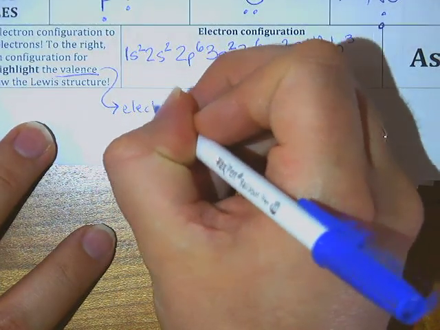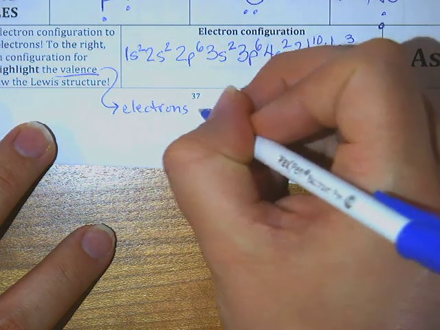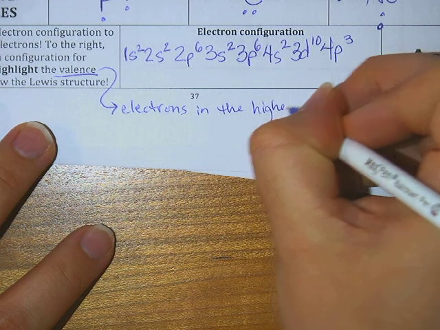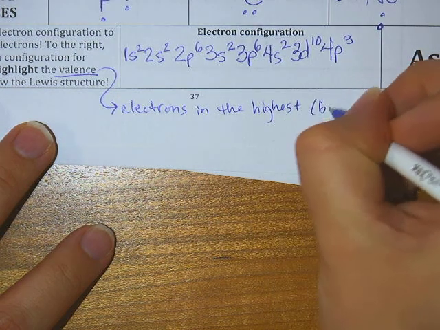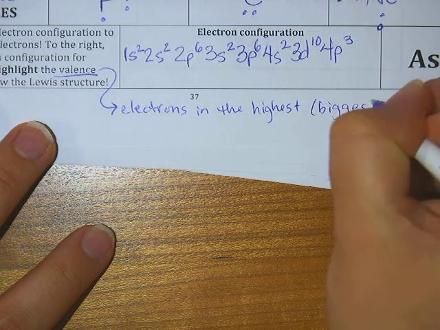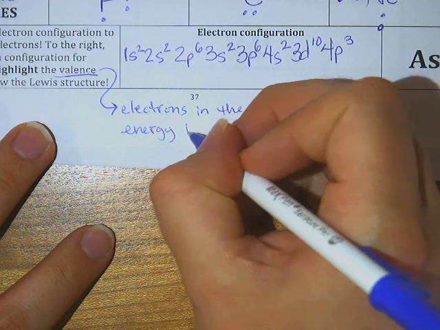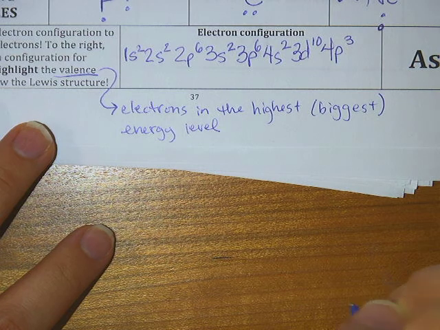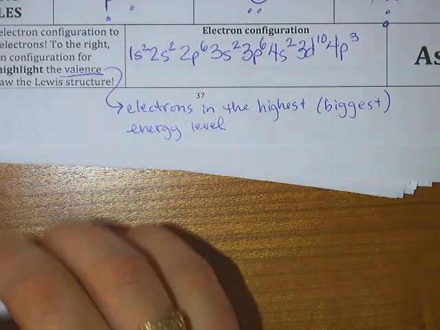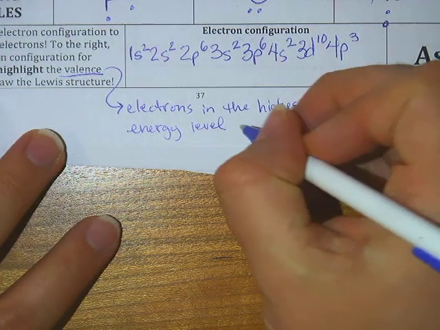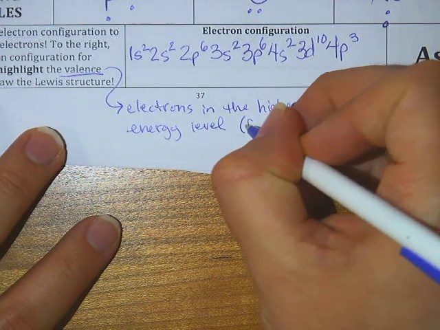Okay, the valence electrons are going to be the electrons in the highest, or we could say biggest, energy level. So for arsenic, the energy levels would be those big front numbers, right?